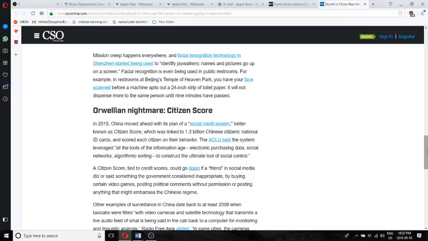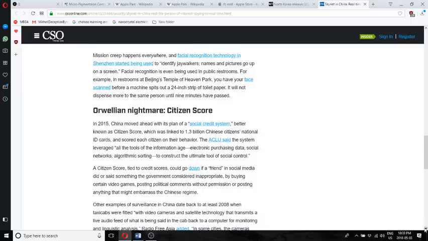A citizen score tied to credit scores could go down if a friend in social media did or said something the government considered inappropriate, by buying certain video games, posting political comments without permission, or posting anything that might embarrass the Chinese regime. So if you're friends with somebody that posts something that the government doesn't like, your score goes down. Yeah. Because we're all guilty of what our friends do.